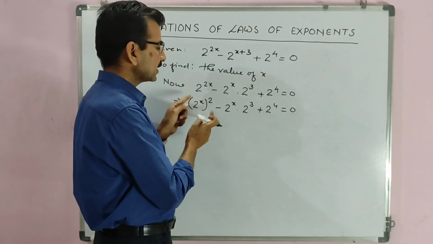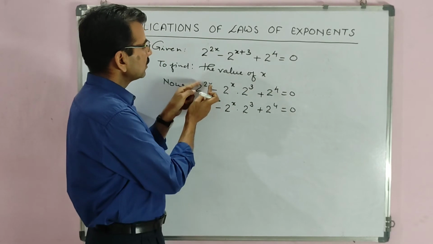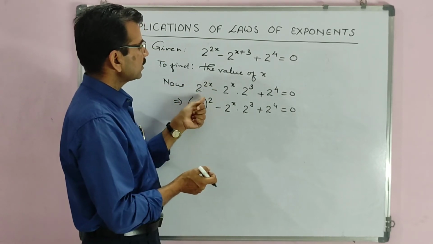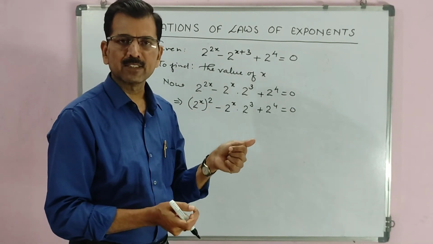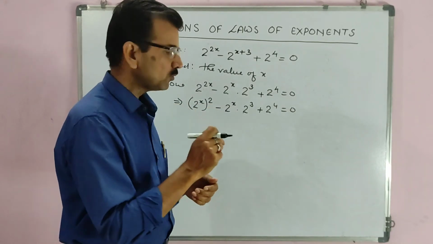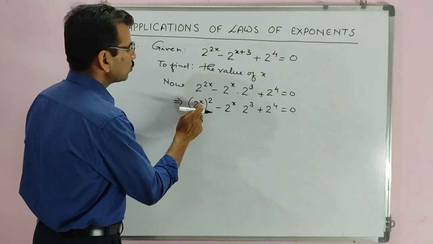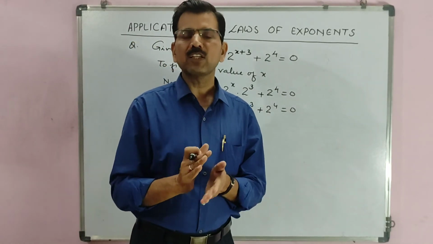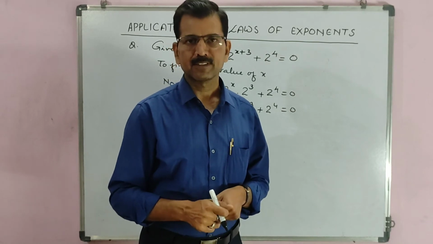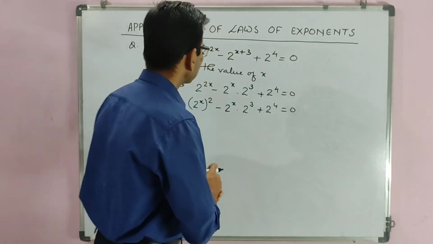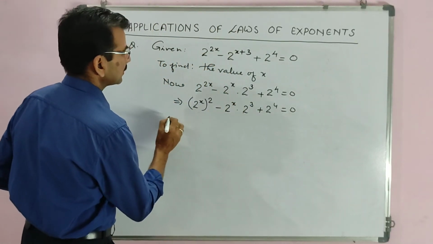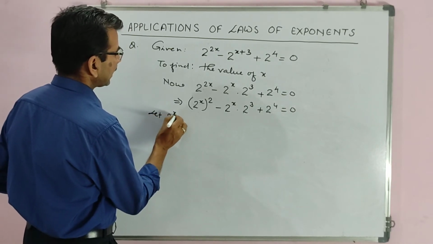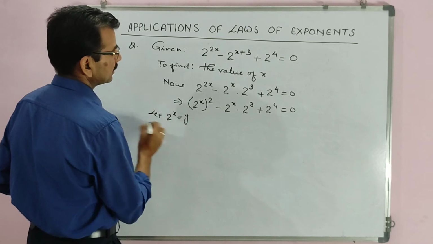We are not changing anything, just taking the x inside and writing the 2 outside. Why are we doing so? Because we can assume 2 raised to power x equal to another variable, say y.